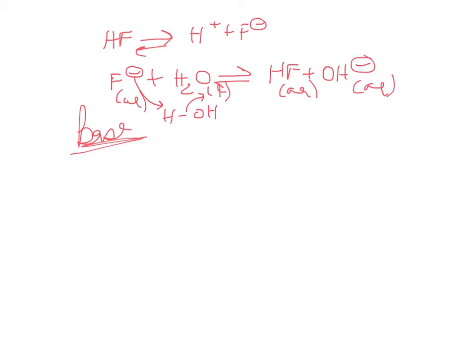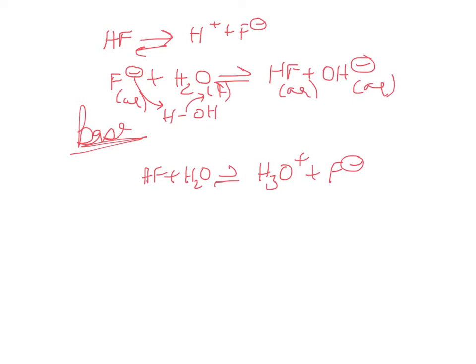Now, we can understand why the conjugate base of a weak acid is basic by asking ourselves why the acid is weak to begin with. So why is it that hydrofluoric acid is a weak acid? Well, you know that HF plus H2O in equilibrium gives you hydronium and F negative.